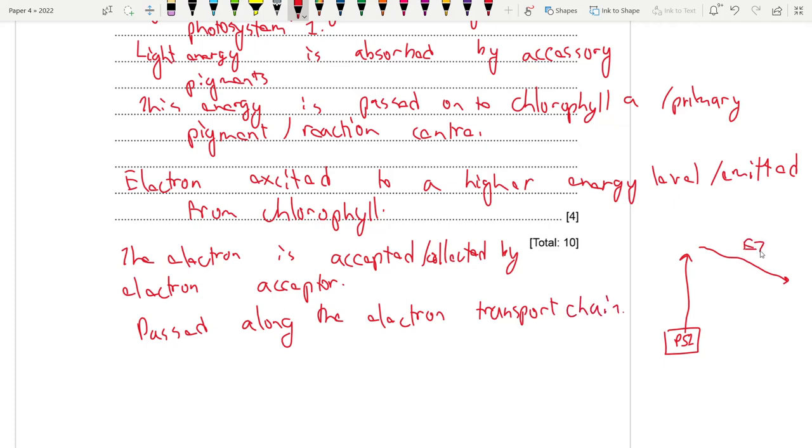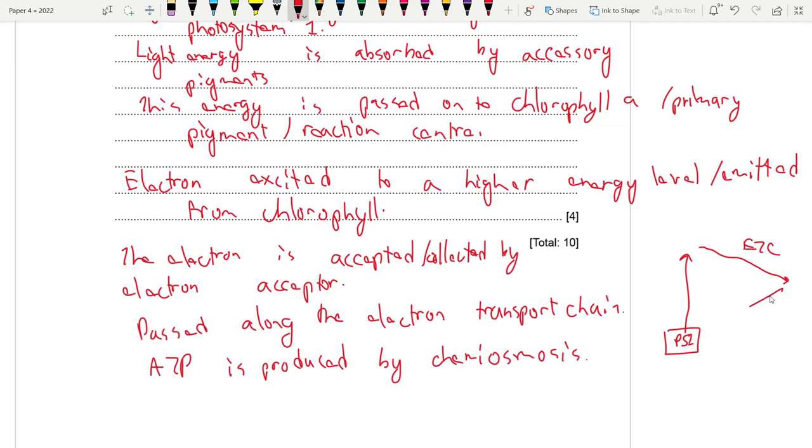Think of it as a ball rolling down a hill. The energy will be released. So the electron had some energy, and this will be released in the process of doing so, and ATP is produced in the process by, what's the process called? Chemiosmosis. The same thing happens in oxidative phosphorylation.